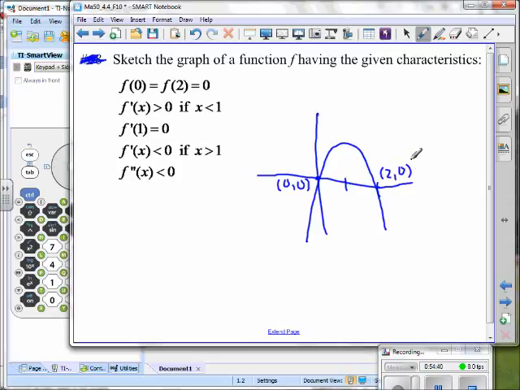The second line. First derivative is positive if x is less than 1. Justify your graph. The first derivative is positive. If the first derivative is greater than 0, that means that it's increasing up until 1. Okay. Right? Okay, so go ahead and make a mark there so we can see. So we agree?